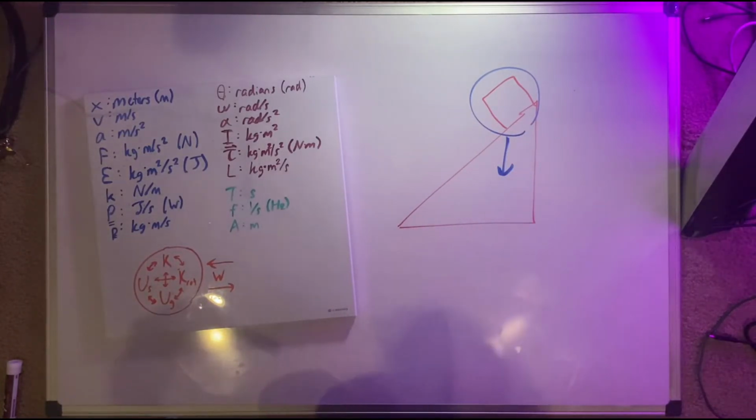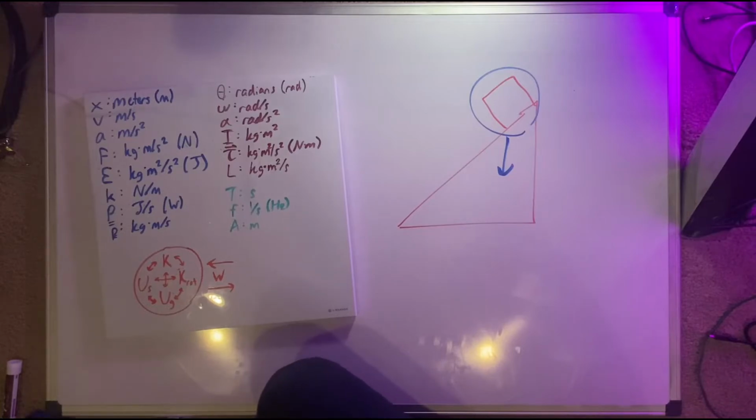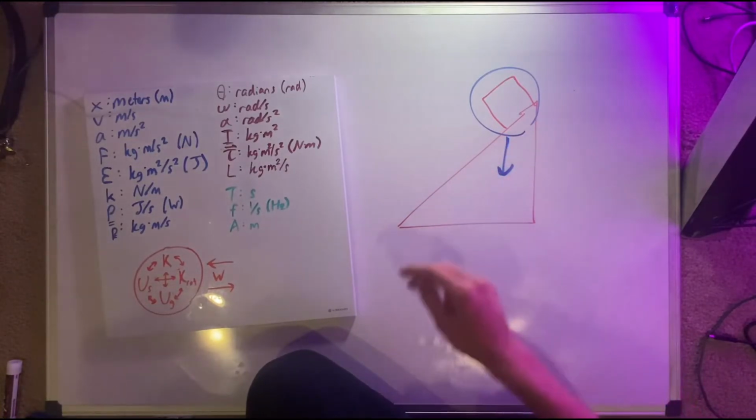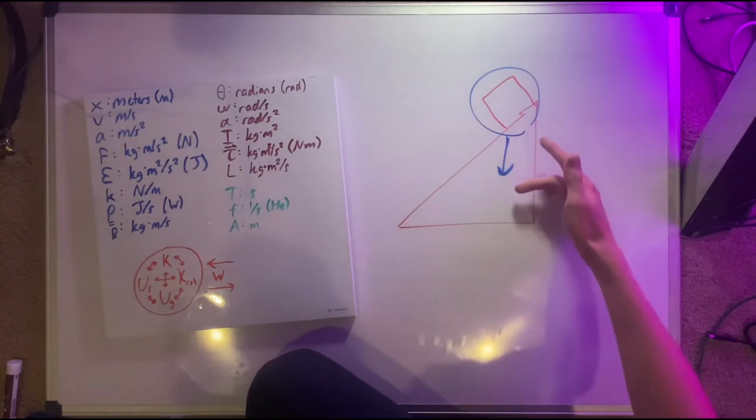We are going to have a change in energy in some way, shape, or form because gravity is acting outside the system and therefore doing work to the system. Because if the box is the only thing that we're talking about here, then gravity will accelerate it.